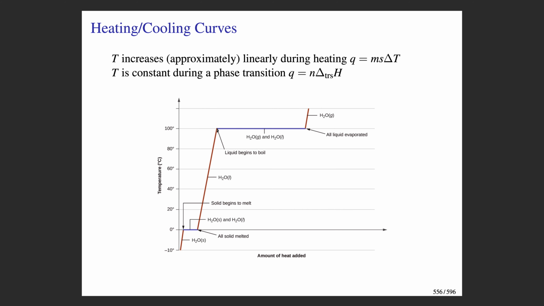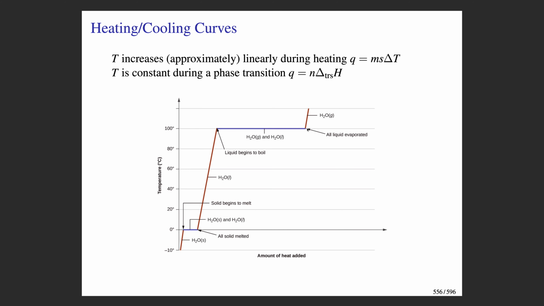At a certain point, you get to the boiling point of the liquid. You continue to add heat, but the temperature doesn't change. Again, it's a constant temperature. As you're adding heat, you're converting all of the liquid to water vapor. Then after you've boiled off all of the liquid water, you start heating up the steam.